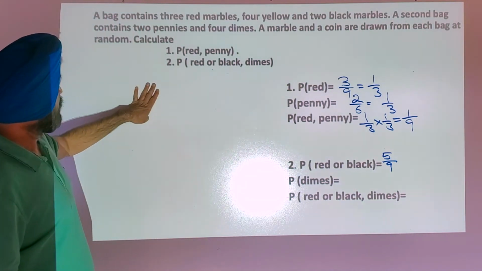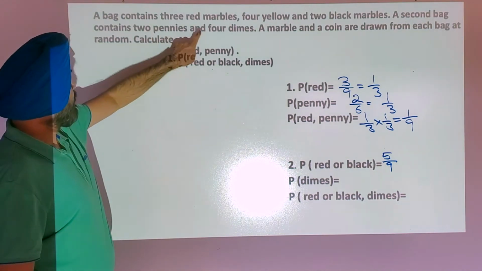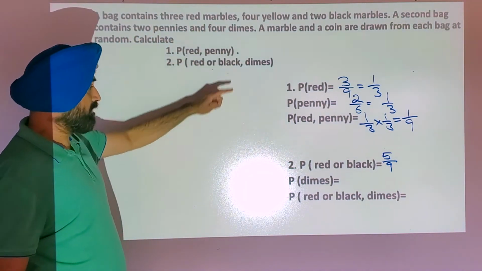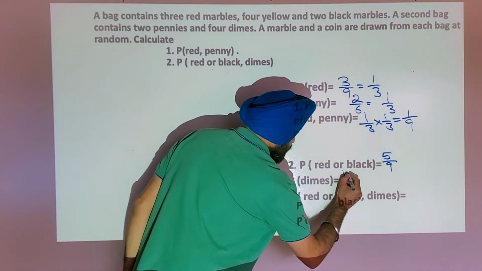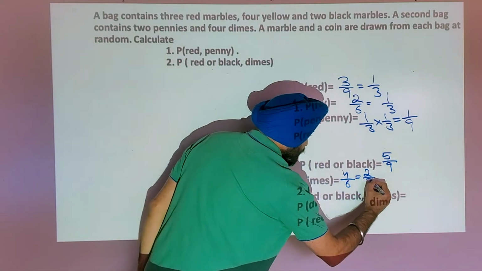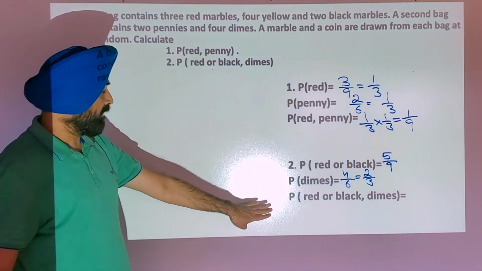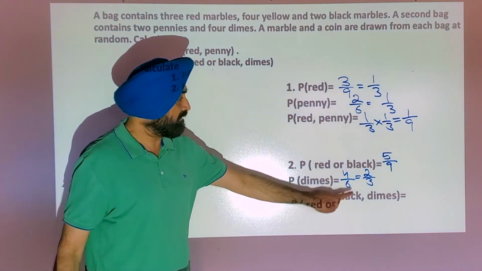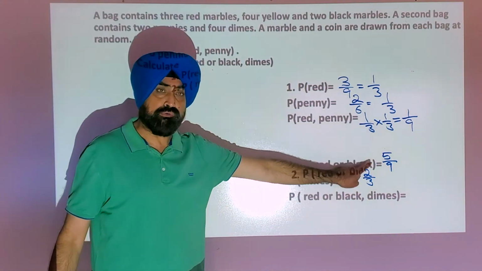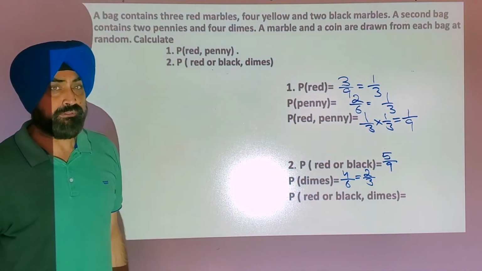Dimes. So total coins are 4 and 2, 6. And 4 are dimes. So what is the probability? 4 over 6. You can reduce this to 2 over 3. Now to find the probability that red or black, which is 5 over 9, and the probability of dime, which is 2 over 3, we are using the multiplication method.